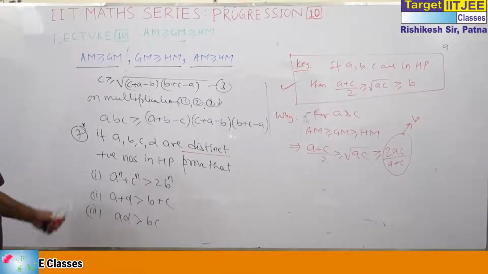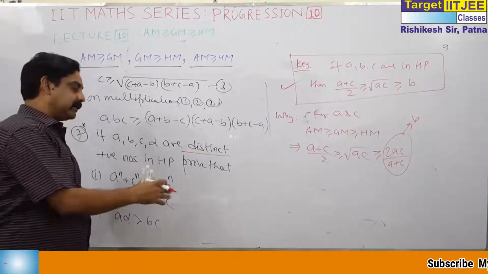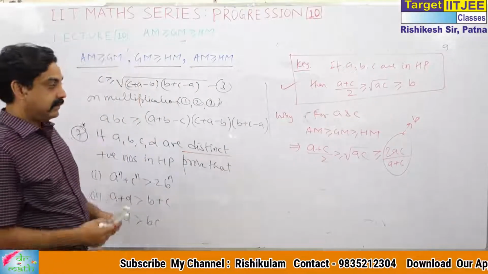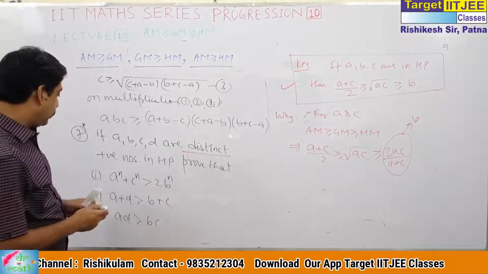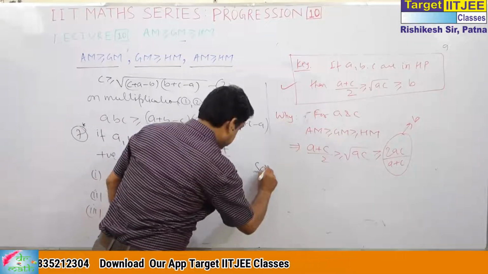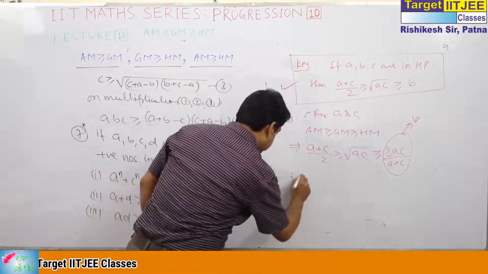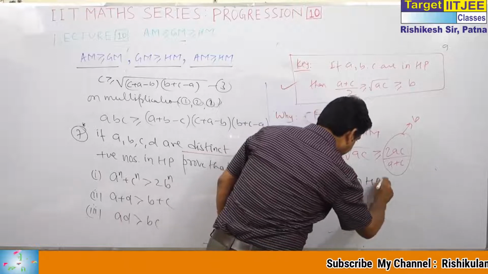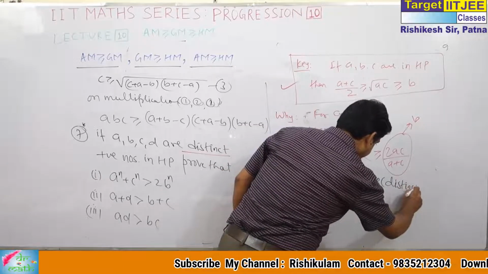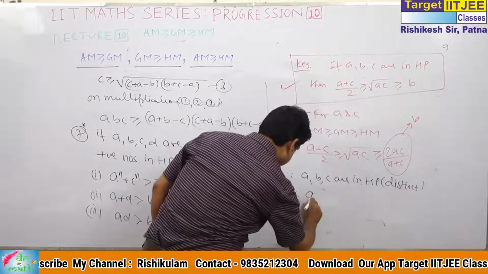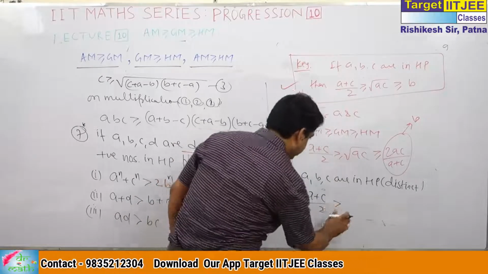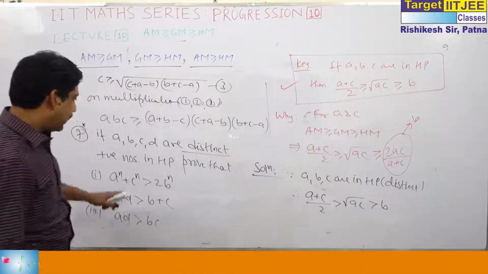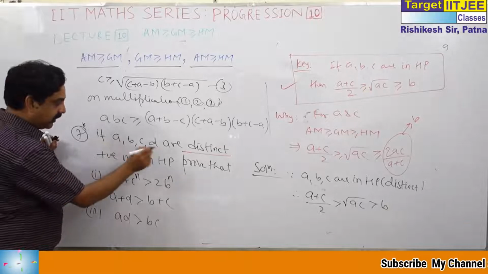In an objective exam, you are free to do anything. But also in the main examination, in a subjective examination, you can apply this point directly. So now I am doing the question. This is the solution. Since A, B, C are in HP and distinct, therefore (A plus C)/2 is greater than root AC, which is greater than B. I am not taking the sign of equality because of this.